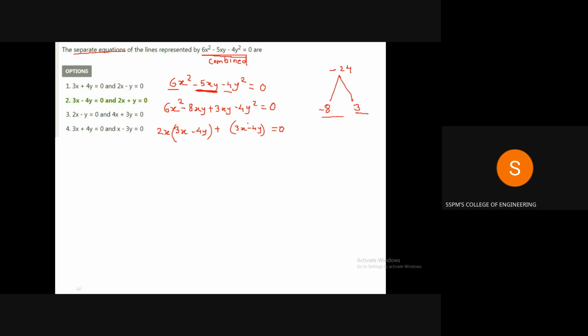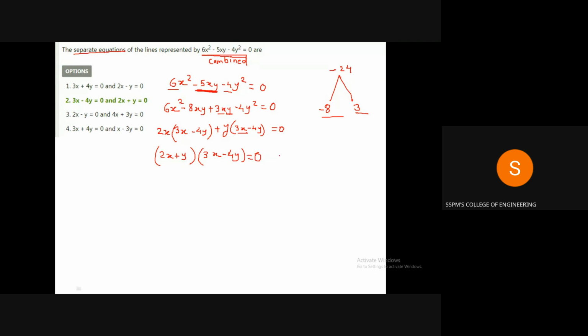What will remain outside the bracket? Here it is 3x, so y should be outside the bracket. So what is the first factor? It is 2x plus y, and the second factor is 3x minus 4y, is equal to 0.